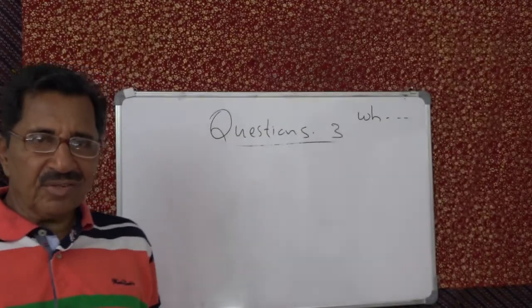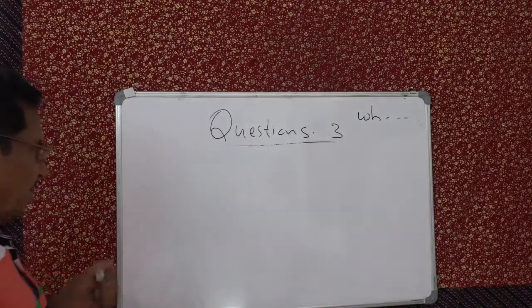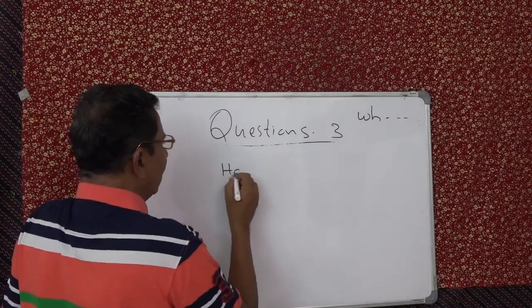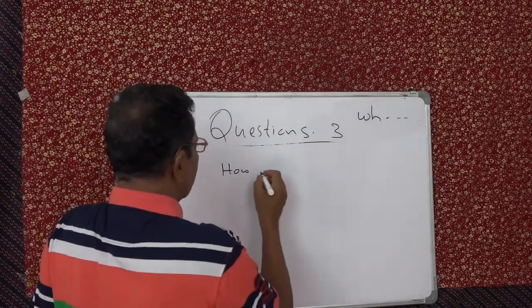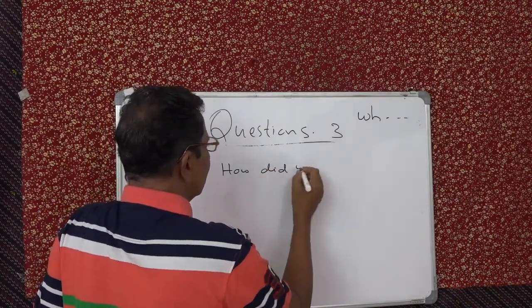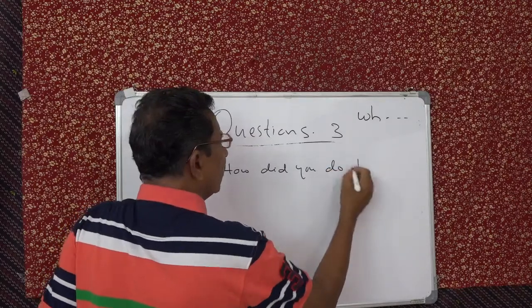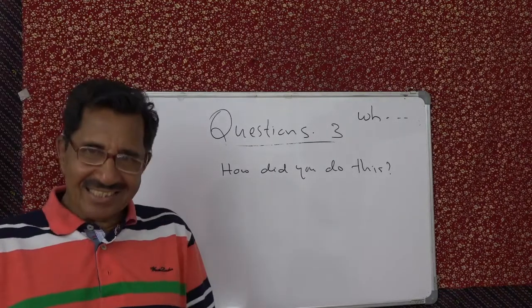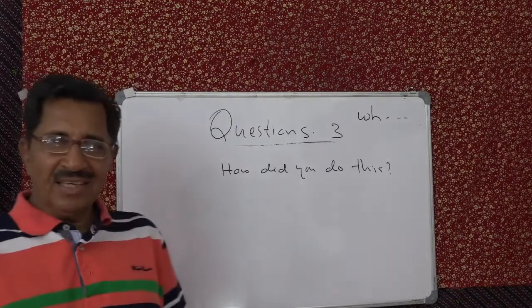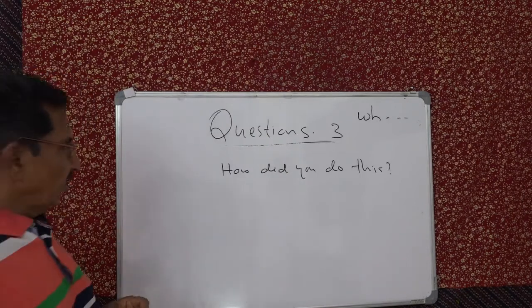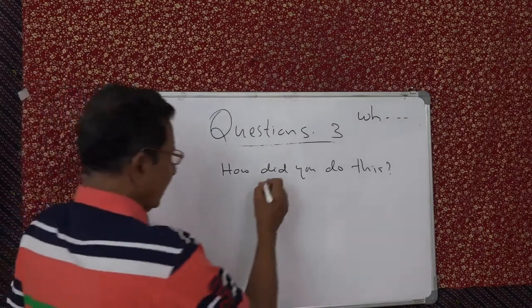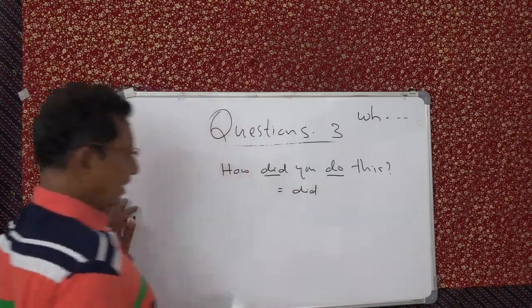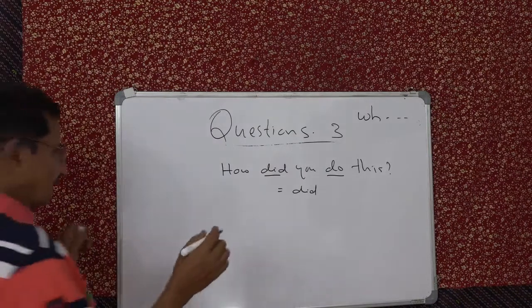You have 2 kinds of questions. So see, once again I will show you this. How did you do this? This is a very interesting sentence. What will be the statement form? First step: did do is equal to did. Is that clear? I will give you an example.